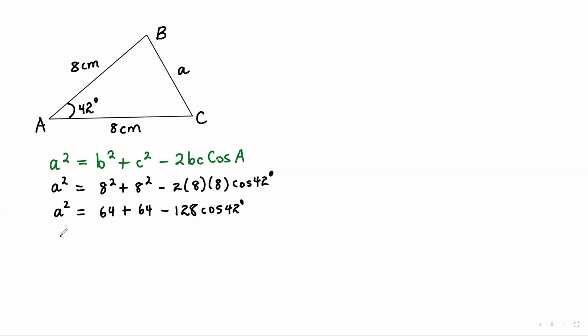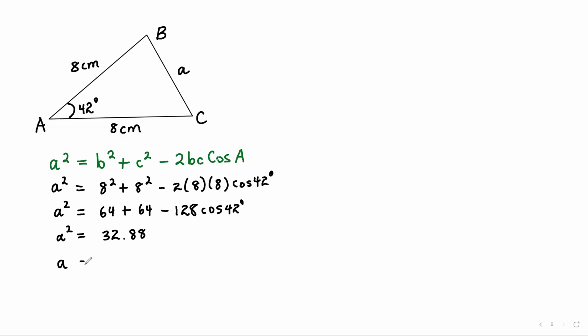So therefore, A squared, let's put all of this in now. So that's 64 plus 64 minus 128 cos of 42. That's 32.8 to two decimal places.